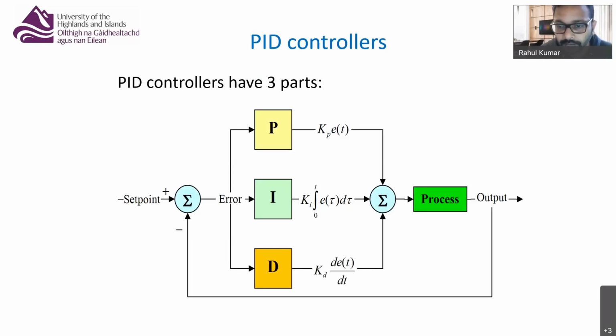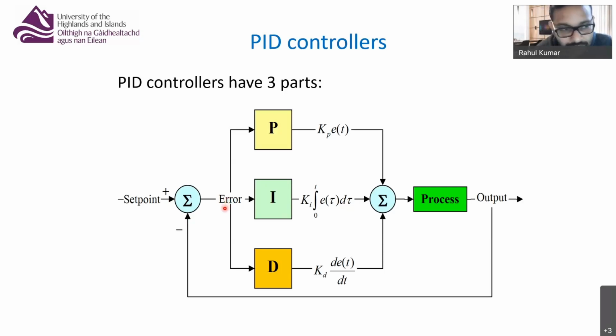Now this PID controller, as you can see, if you look at the block diagram, looks like a closed loop system, right? You have the set point or the input which is sent to the summing junction, and at this summing junction you take some feedback from the output, compare it with the set point and calculate the difference or the error.